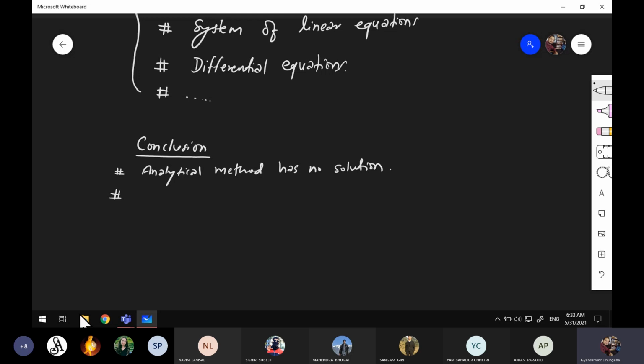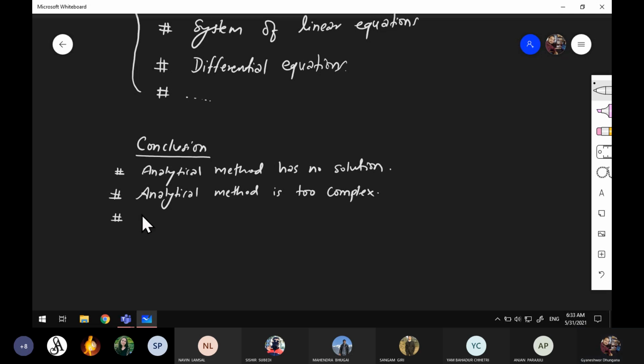Another is, the analytical method may exist, but it is extremely hard, too complex. In that case also, the numerical method can be applied.